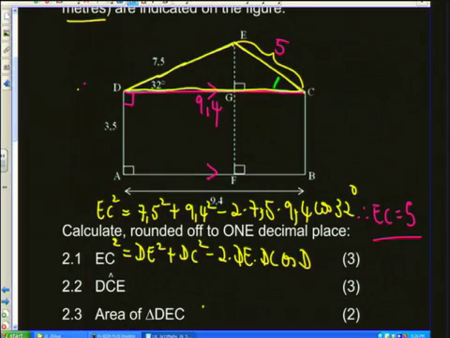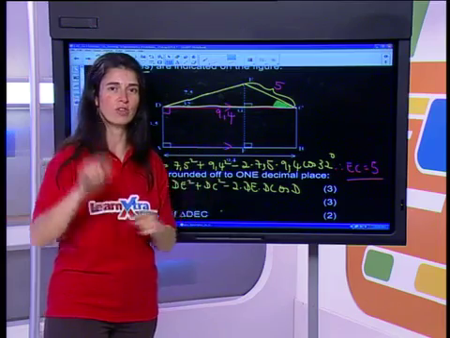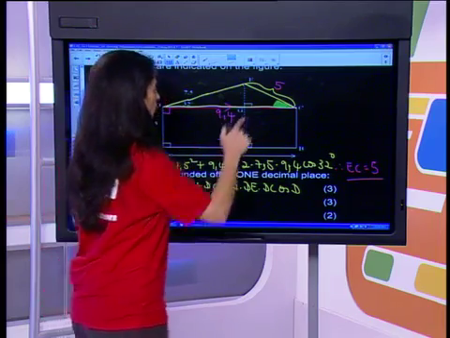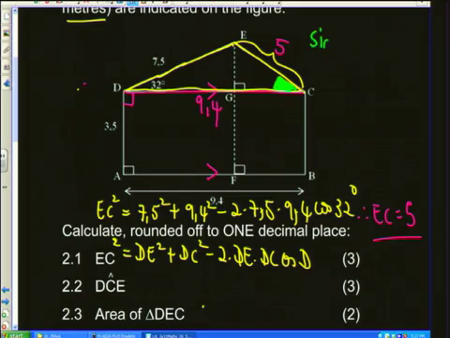We want to find angle C, this one here. Grade 11s, how do you suggest we find angle C? Angle C is opposite 7.5, and we've just found that 5 is opposite 32. When information is opposite each other, we can use the ratios in the sine rule. So sine of C divided by 7.5 is the same as 5 divided by the sine of 32. I've got my ratio the wrong way around.